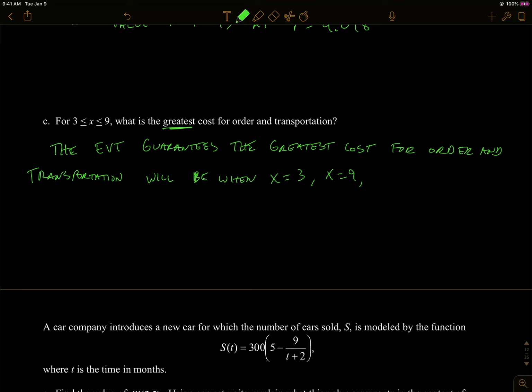So when I look at the graph of the derivative, again, you're going to graph the original y1. You should have had the graph of the derivative in y2. When you graph that y2, you're looking for any spots on the interval from 3 to 9 where the derivative is 0 or undefined. The one at 0 is going to be at 4.098, and that's the only one where your derivative is 0.